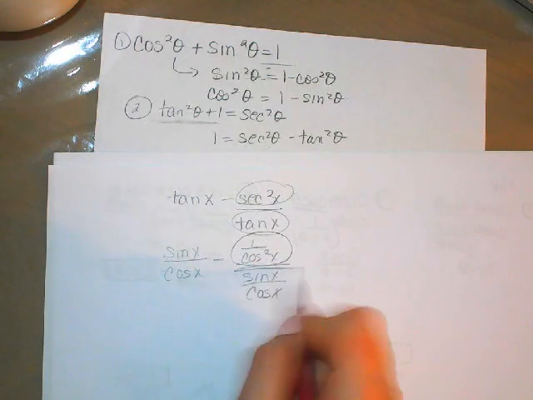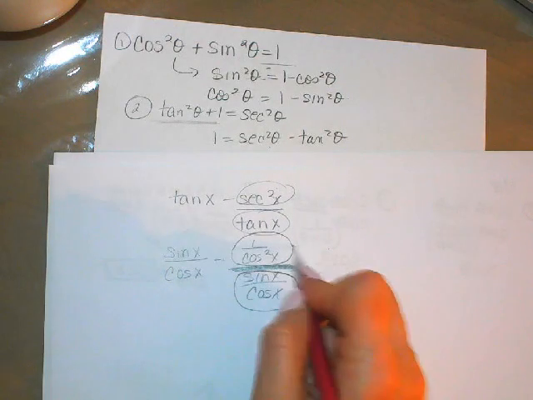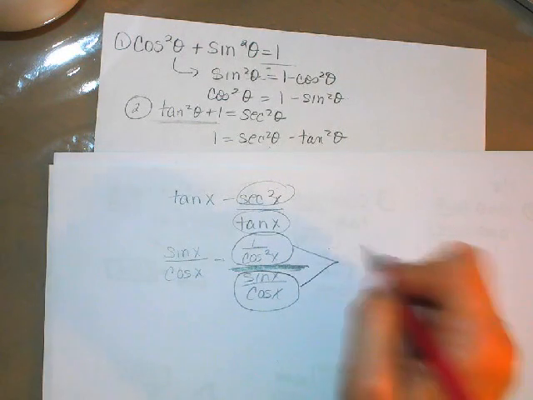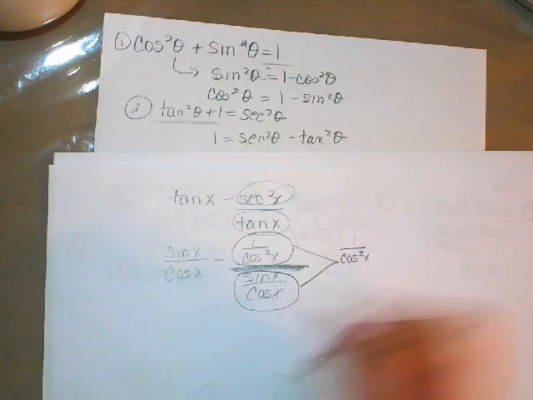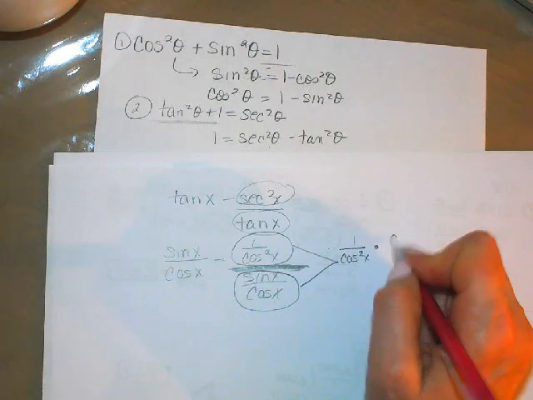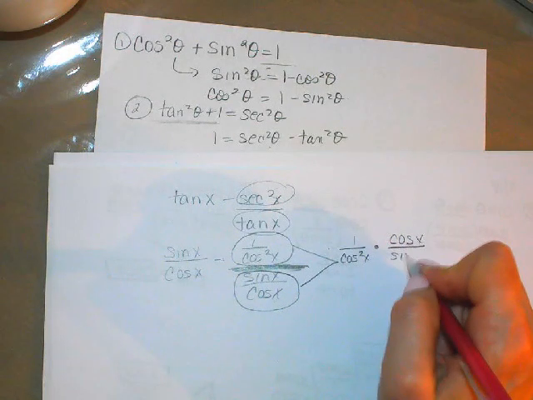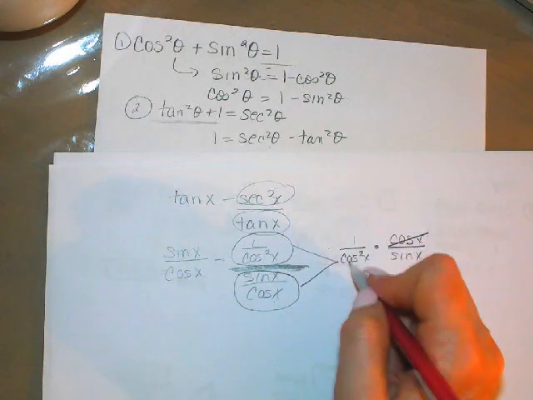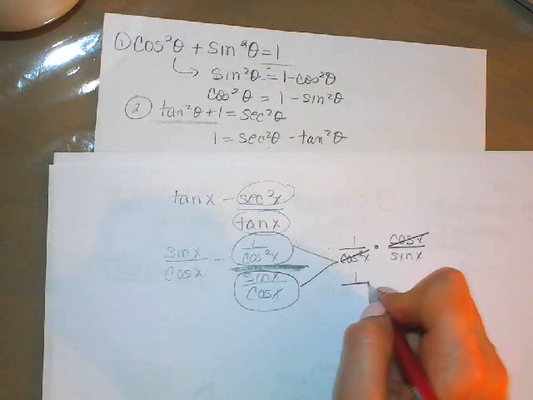Now, this is what happened here. This fraction is being divided by this fraction. I did that off on the side. 1 over cosine squared x divided by this fraction means I multiply by the reciprocal, which means one of these cancels out with one of these.